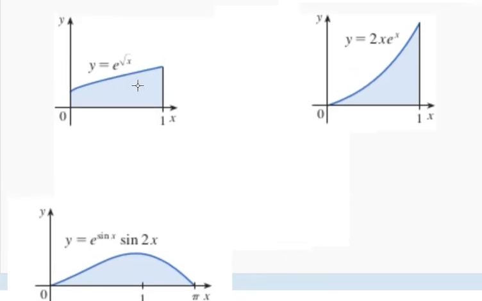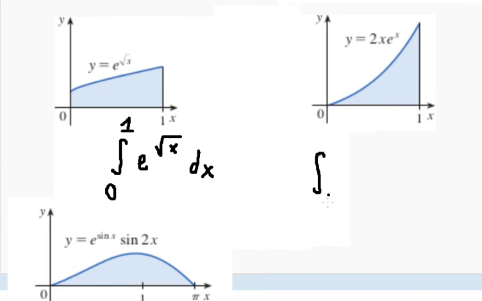So for the first one, we see that they start at number 0 and they stop at number 1. So we have the integration from 0 to 1, and we have e to the power of the square root of s ds. The second one is from 0 to 1, and we have 2s e to the power of s ds.